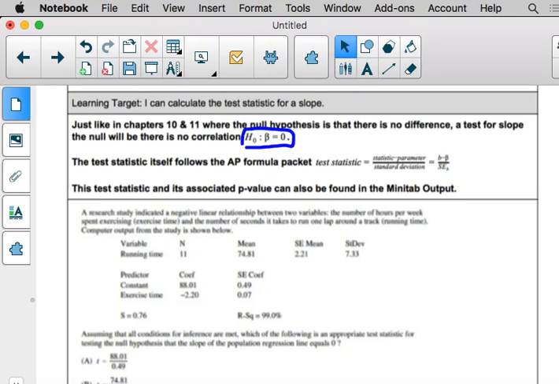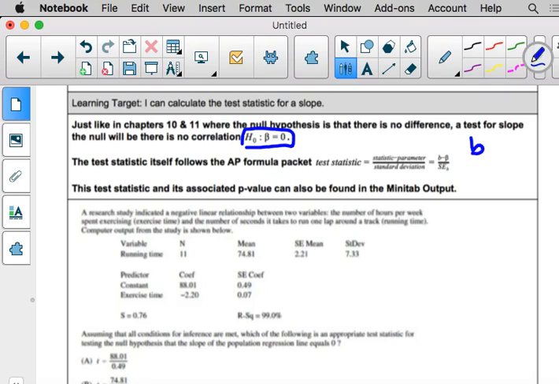So the test statistic itself follows the idea of the packet: our statistic minus the parameter, divided by standard deviation. The standard deviation is easy, that's just the standard deviation of the slope. Our statistic is our sample slope minus a parameter.